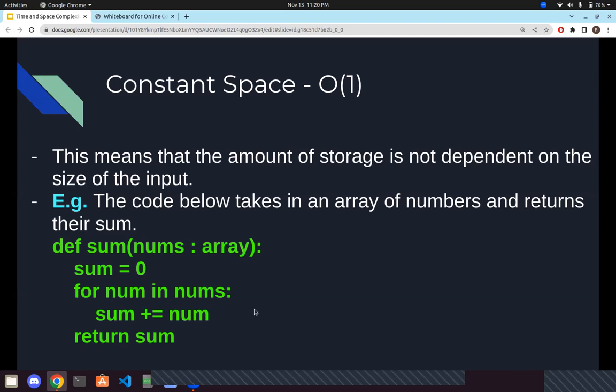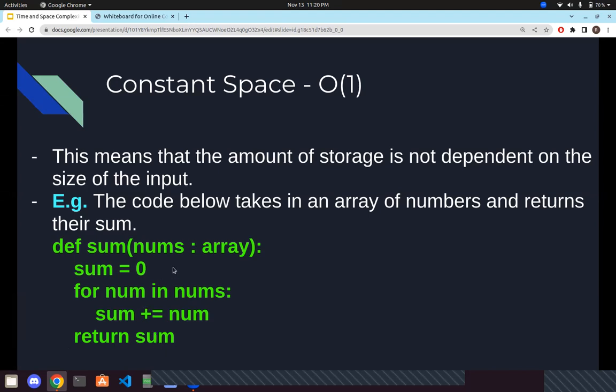So for example, take a look at this function. What this function is doing is it takes in an array of numbers as input, and it returns their sum. So you can see we have a variable called sum, which is initialized to 0. And in this for loop, we just keep updating sum with each of the numbers in the array, and finally we return sum.